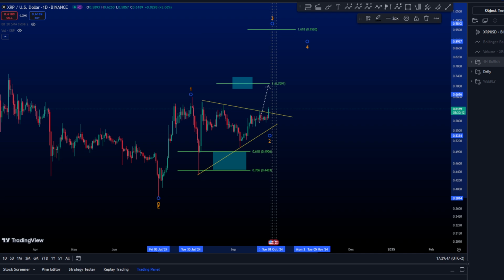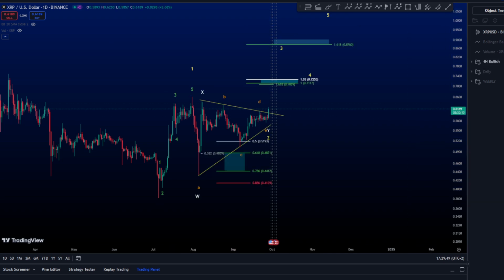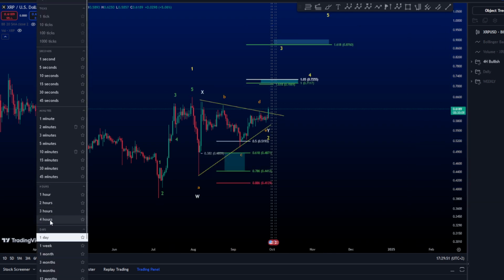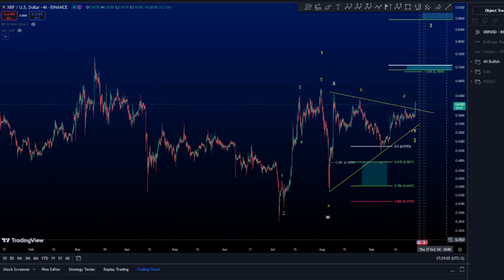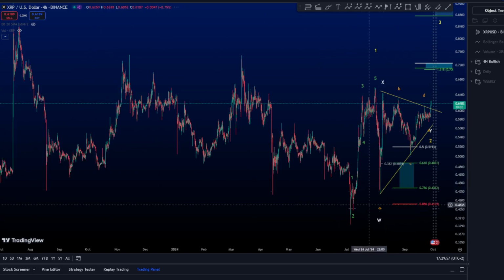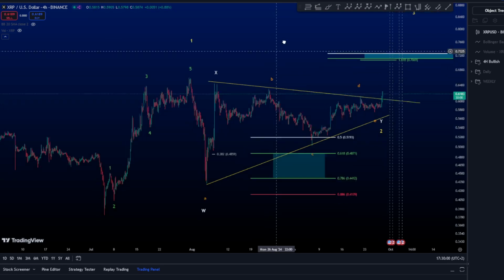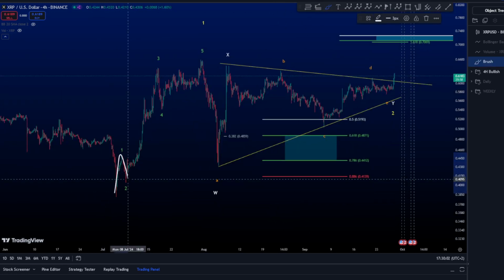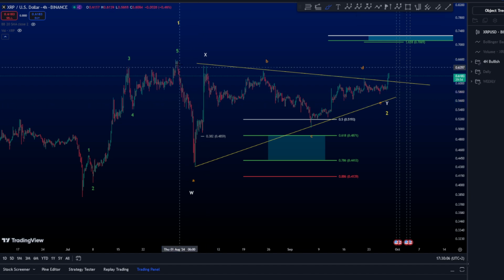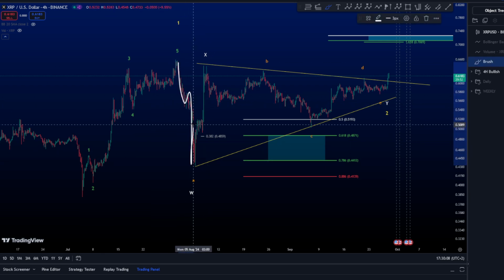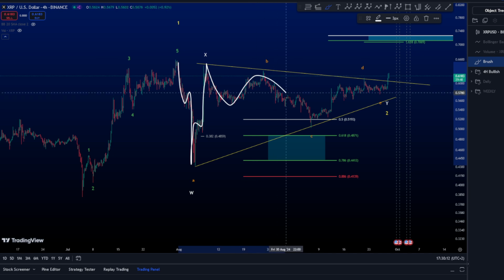So to look a little bit closer to this and see what is going on inside the 4-hour chart, we can see, of course, here a much better view for this correction, where we can see, of course, after an impulse 1, 2, 3, 4, and 5, we are looking here at 3 waves down as a zigzag, 3 waves up as a zigzag, and we couldn't find an impulse.